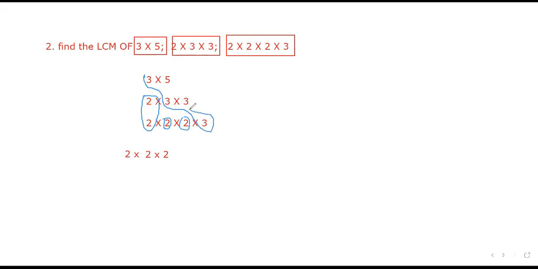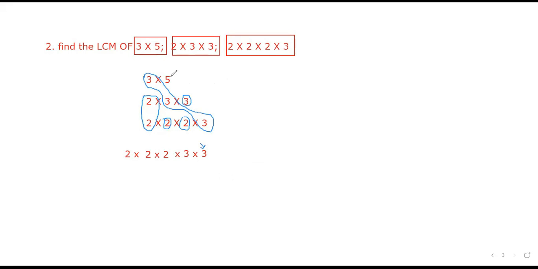Now watch it. 3 is common, so I'm going to put it down times 3, and then I have one other common 3 here, so I'm going to put it down times 3. Okay, don't forget this one. You can see that's what I have here.